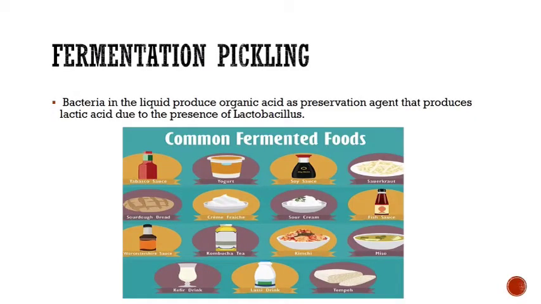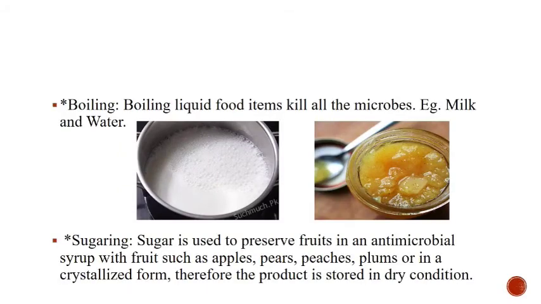Then what is fermentation pickling? Bacteria in the liquid produce organic acid as a preservation agent that produces lactic acid due to the presence of lactobacillus. Next traditional technique, boiling.